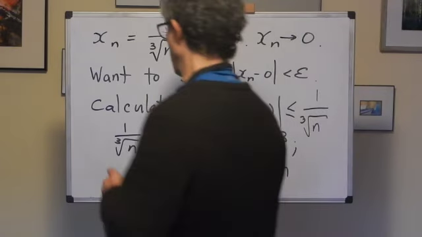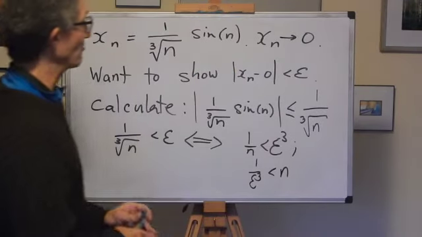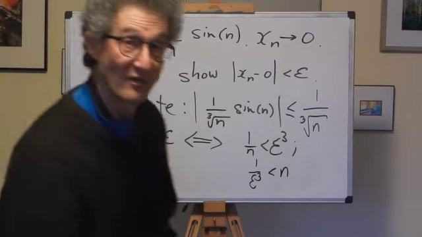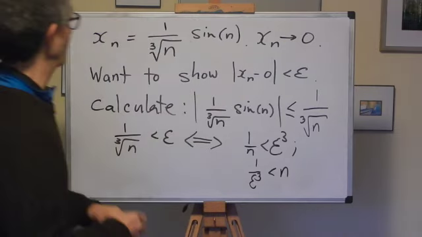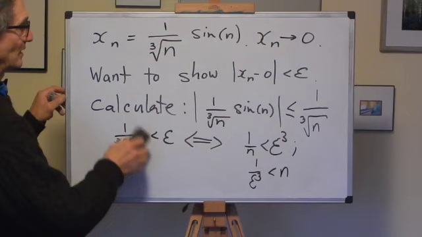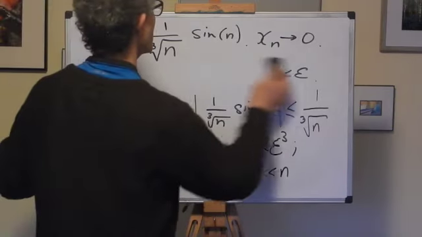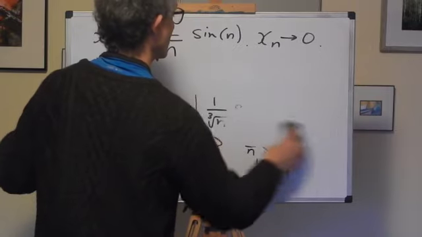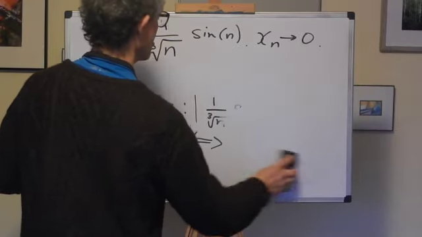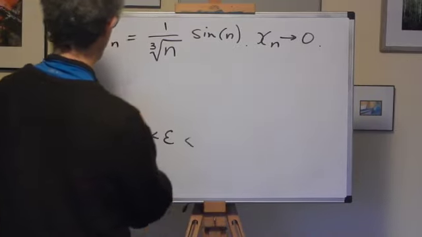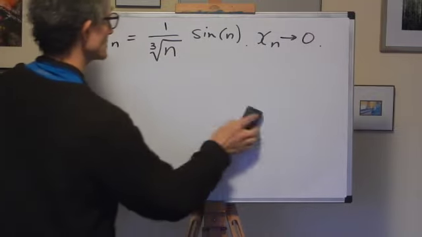Okay, so we figured out why this happens. Let's write it up in a way that agrees with the definition, so let's make it clear that we can meet the criteria put in the definition that show this convergence.